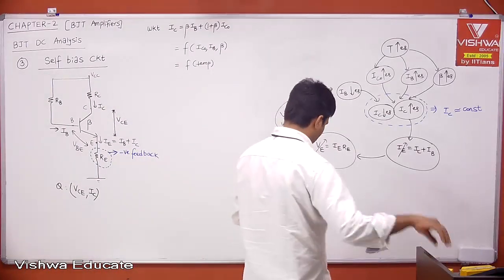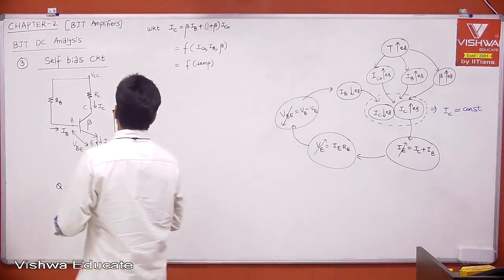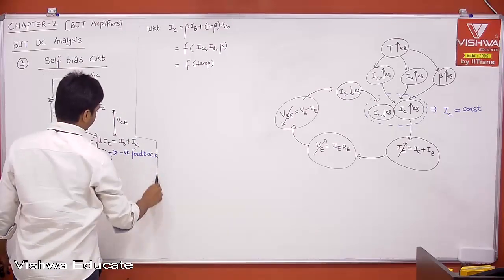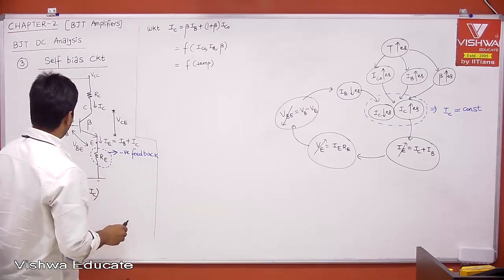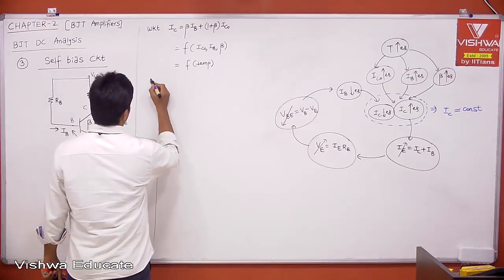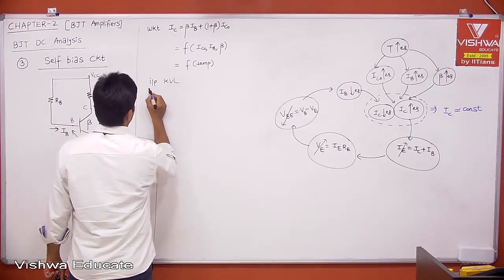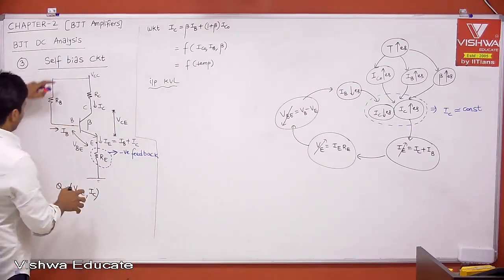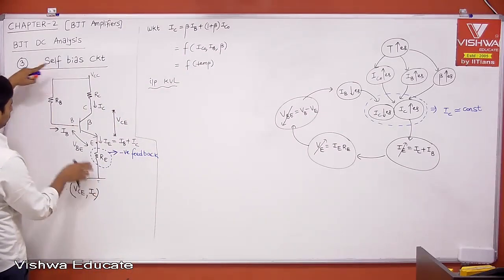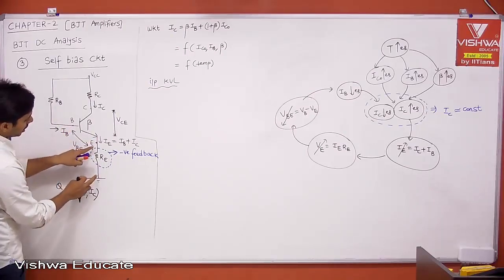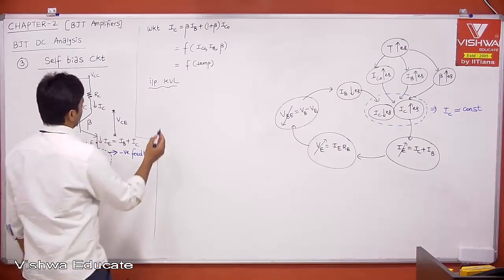Okay. Now, tell me input KVL. VCC is equal to the drop across RB plus the drop across VBE plus the drop across RE, right?